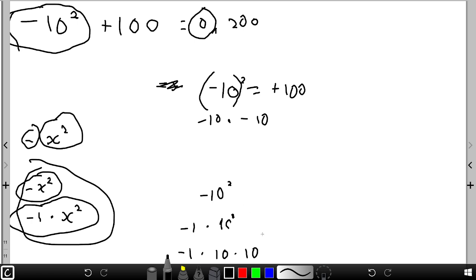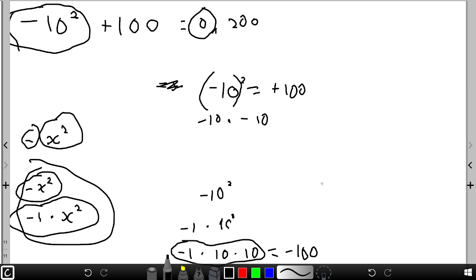And you can clearly see that this is equal to negative 100, right? Because 10 times 10, and then you apply the negative.